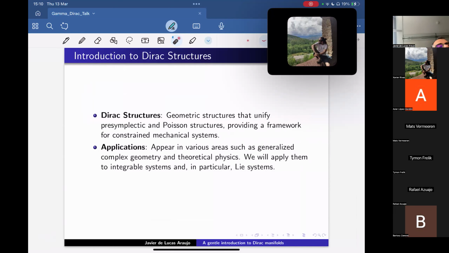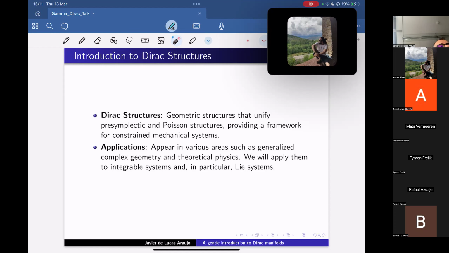Moreover, Dirac structures contain a so-called Dirac bracket, which allows one to retrieve the very famous Dirac bracket found in theoretical physics. So these structures had interesting properties, generalizing those of previous structures while appearing in important physical topics.